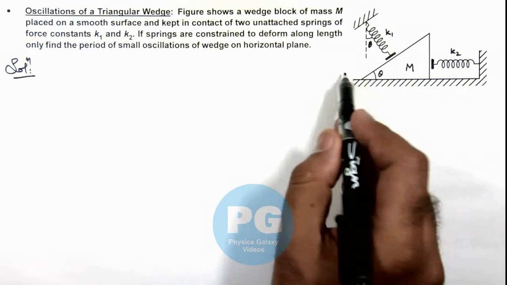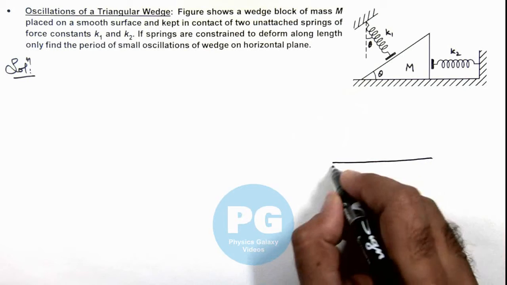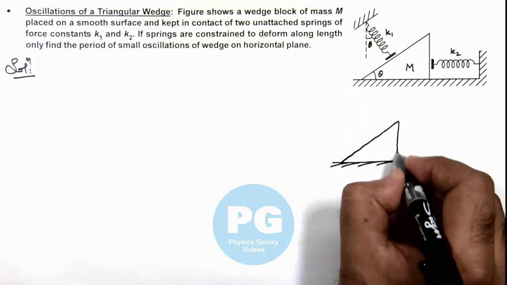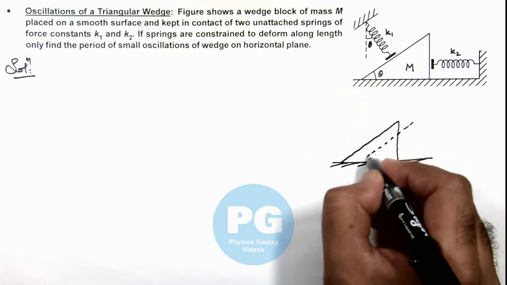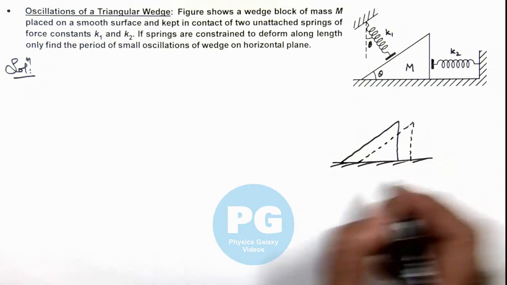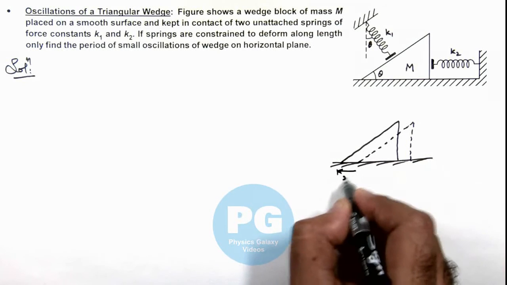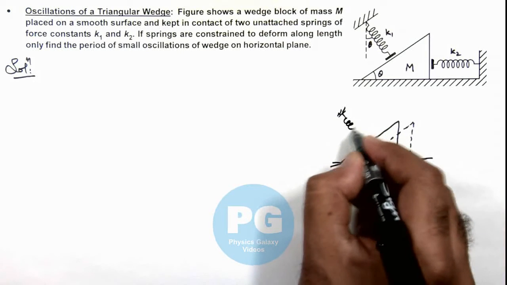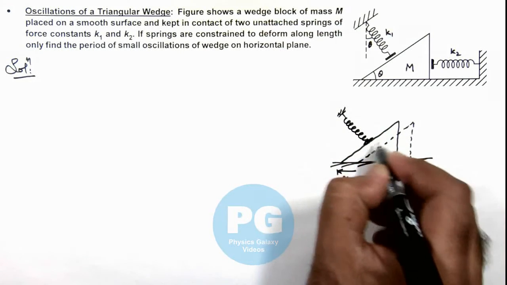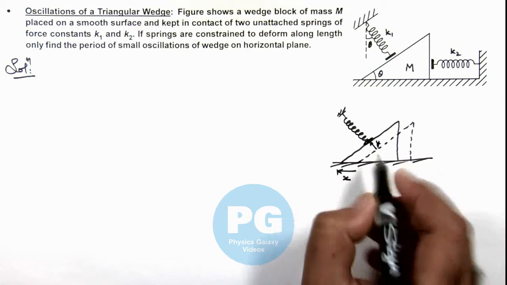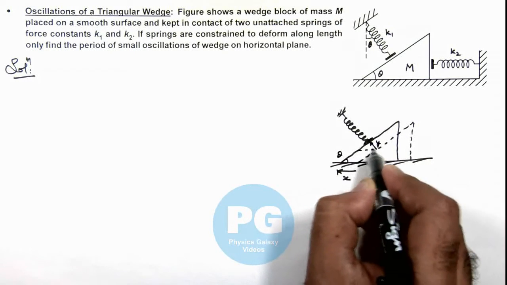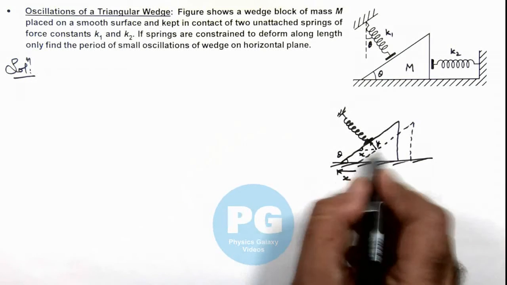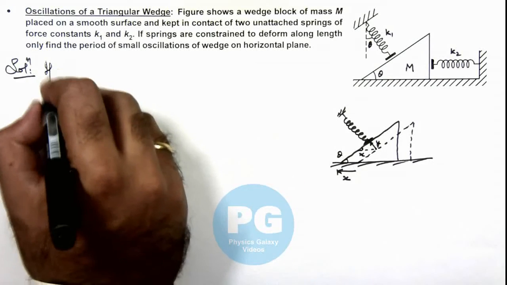But when it is displaced toward left, if this dotted position represents the earlier position of the wedge, where it is displaced toward left by x, then we can see this spring, which is of force constant K1, will get deformed by a length y. So if this angle is theta and this distance is x, we can write y is equal to x sine theta.